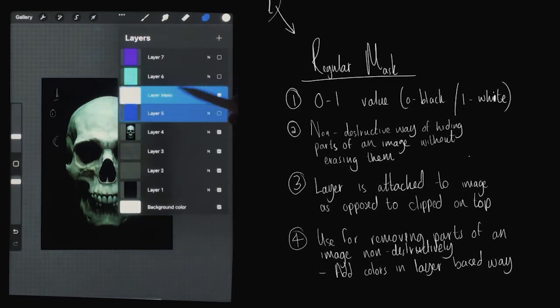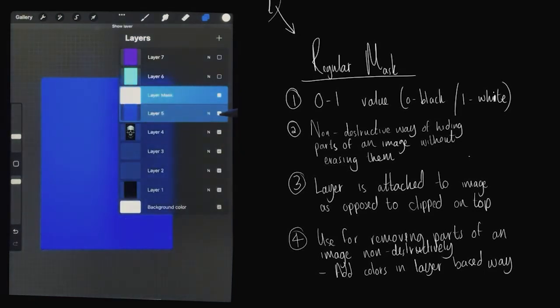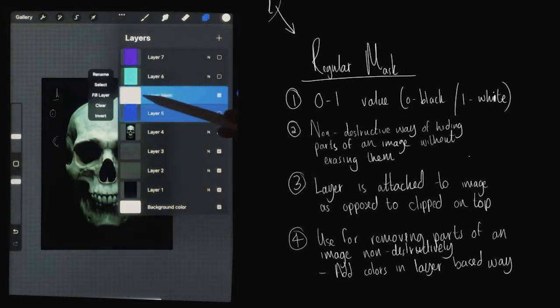And what you're gonna do now is go like this. So you say clear or invert. So you see how the mask is white? It means when I turn this on, everything's gonna be bright blue and painful. Okay, so you can click on this and hit invert, which means black. Black means 0 on the scale, and 0 means clear or transparent.